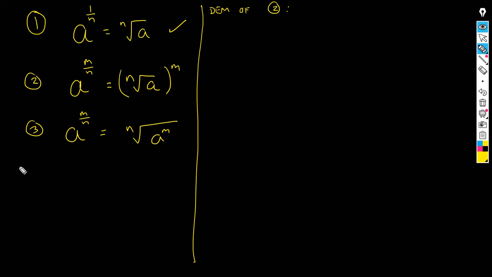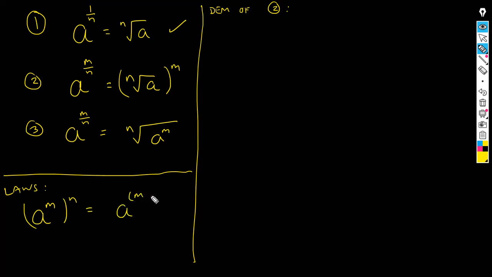In order to make that demonstration, I need one of the laws that we know, which is that a to the m, to the n, is equal to a to the mn. We know this, and I'm gonna use it in a moment. Alright, so demonstration of 2.